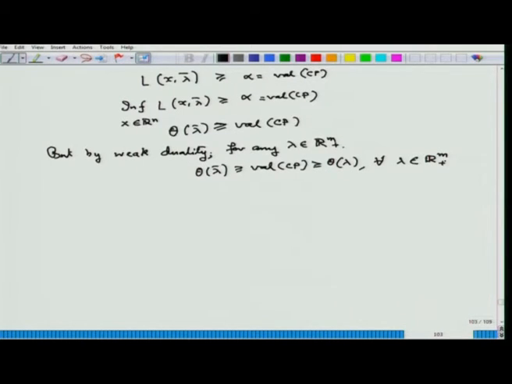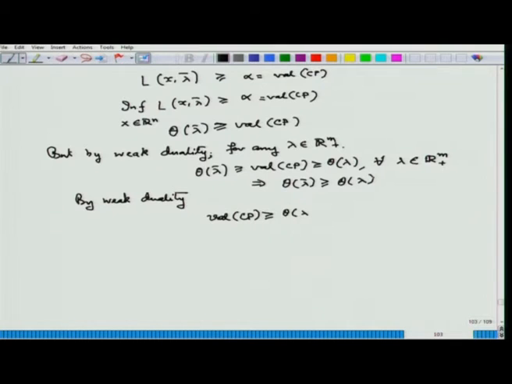But again by weak duality, this would imply from here that theta of lambda bar is greater than or equal to theta of lambda.